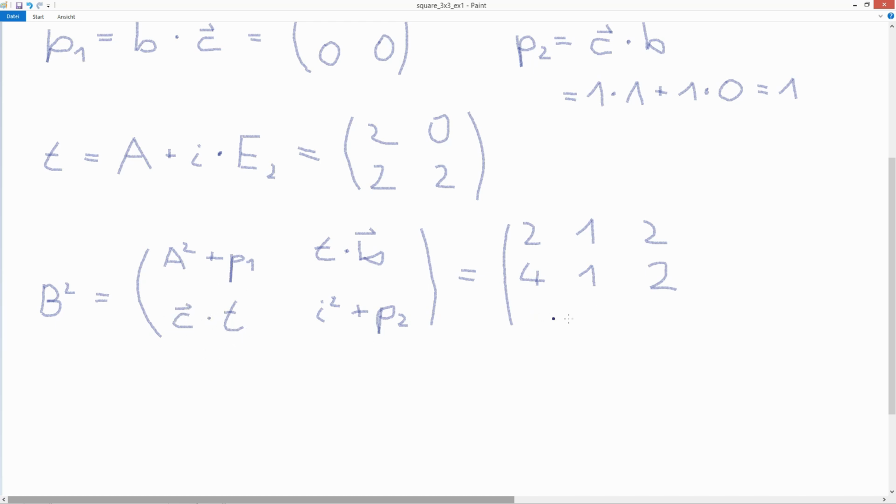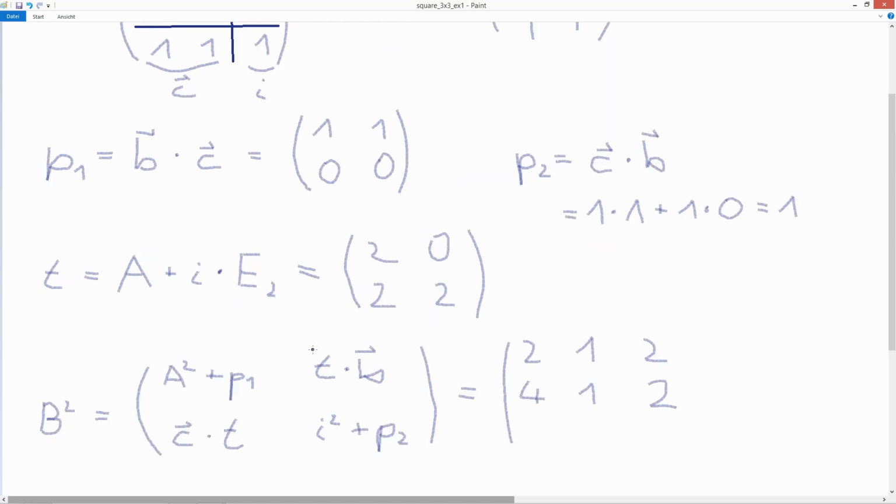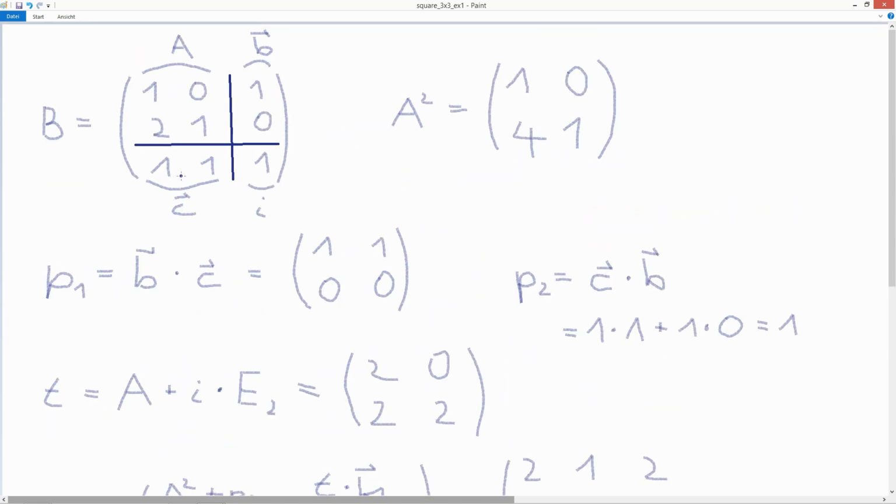For these entries here, we have to calculate C times T. So C is this row vector here, and T is this matrix here.